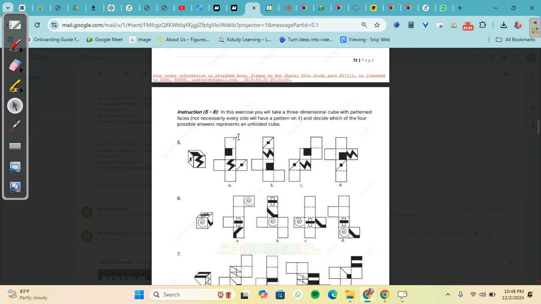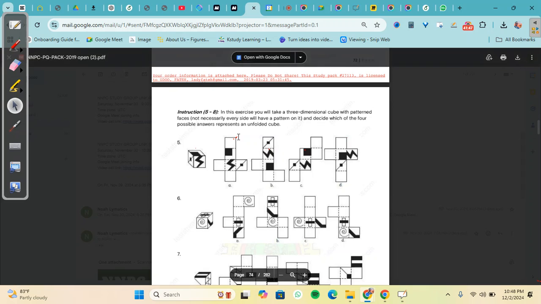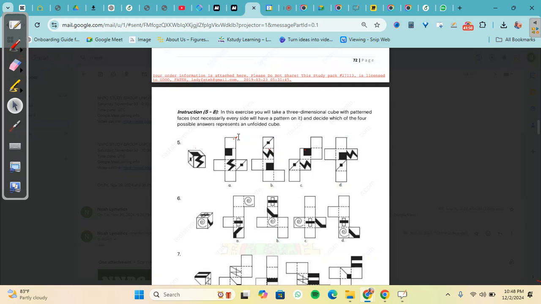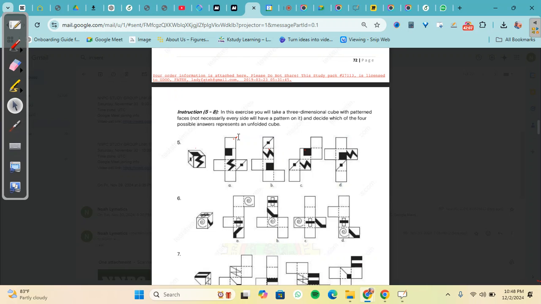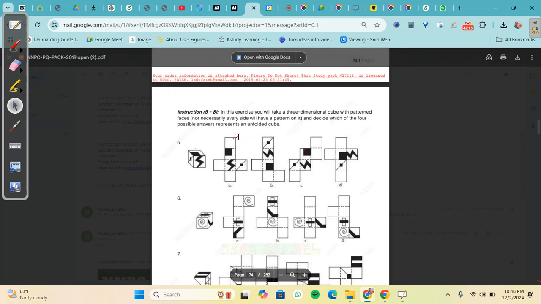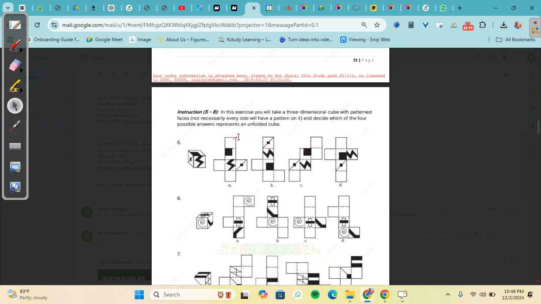Even if I try to rotate this up, this box will be at the bottom, and it's not going to look like this shape. So A is wrong. What of D? This one is very close, and by the time you fold it, it should form this. That should be D. Thank you.